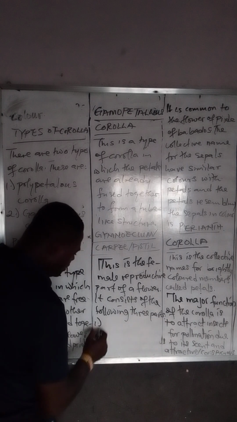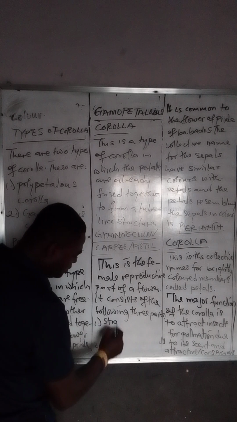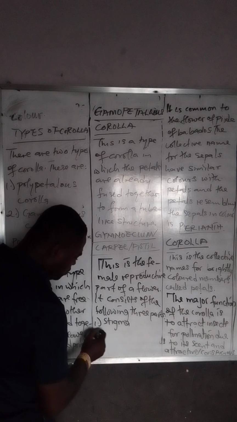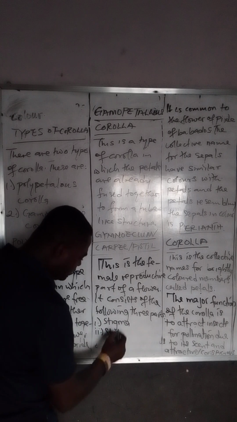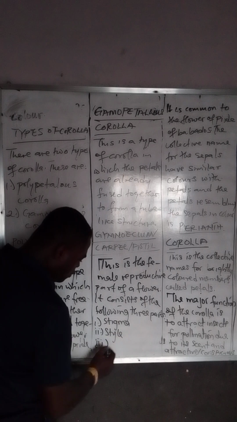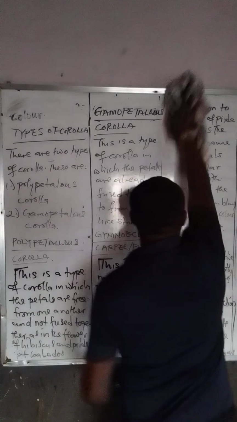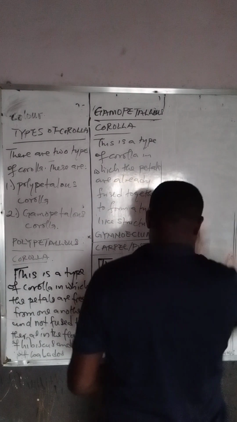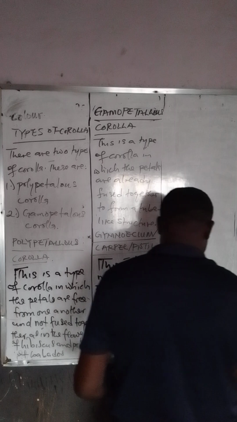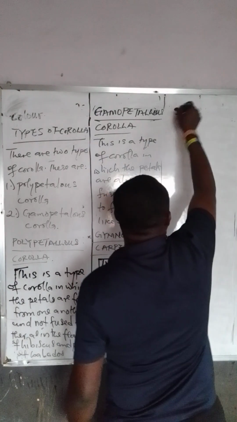One, we have stigma. Two, we have style. Three, we have ovary. Now, let's check what we are saying here. Let's take the first one, the stigma.